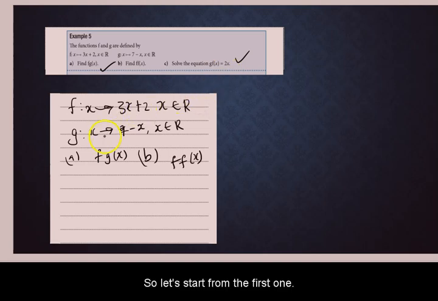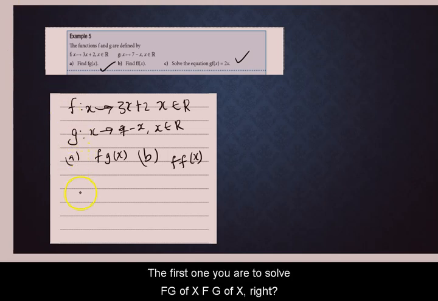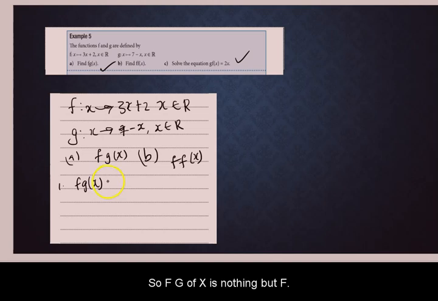So let's start from the first one. You are to solve fg of x. So fg of x is nothing but f of g of x.